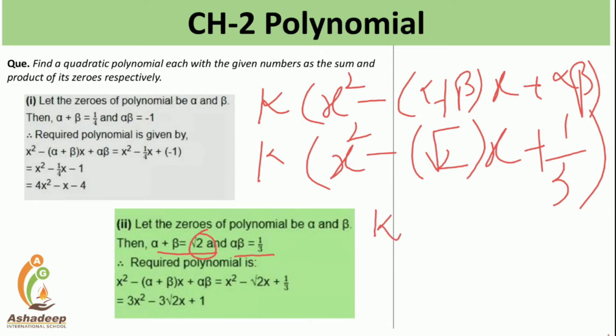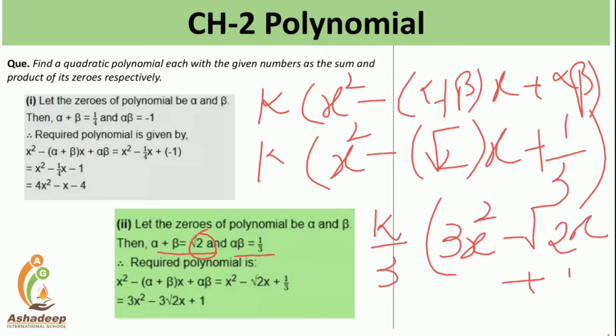So I'll take out the common factor here directly, so it's k by 3 in bracket 3x square minus square root of 2 x plus 1 is the answer, right?